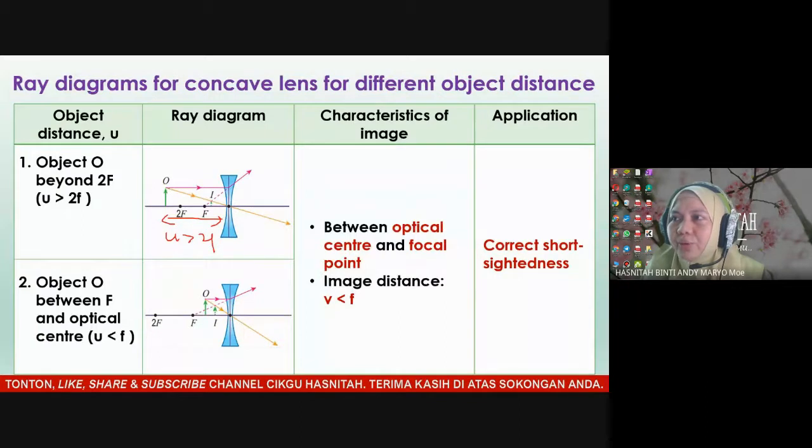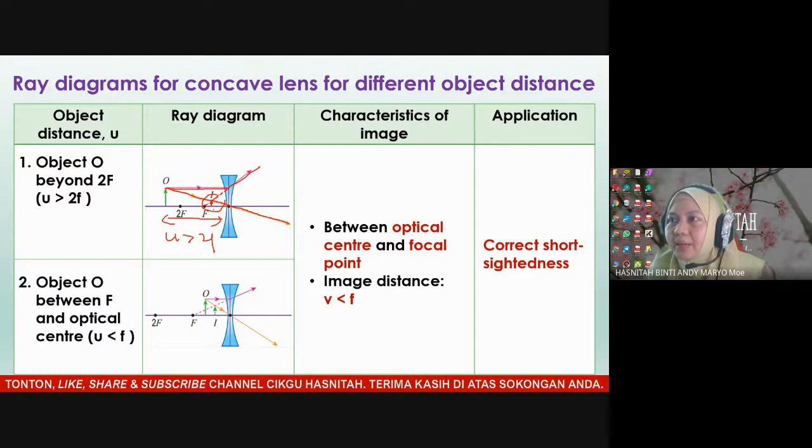We draw the first rule, the yellow line: rule number 1, passing through the optical center, no refraction, continues to travel in a straight line. And this is rule number 2: a light parallel to the principal axis will diverge from the focal point at the front. So this is the intersecting point where the image appears.